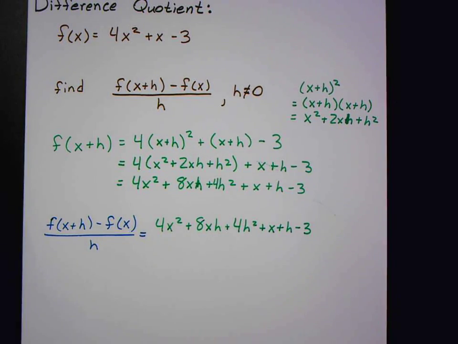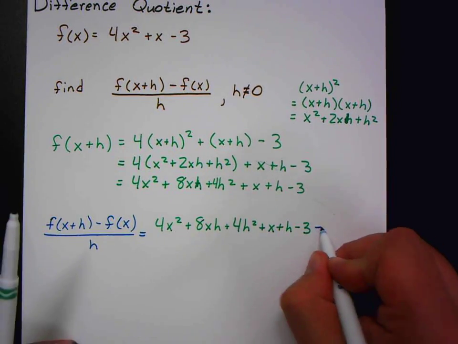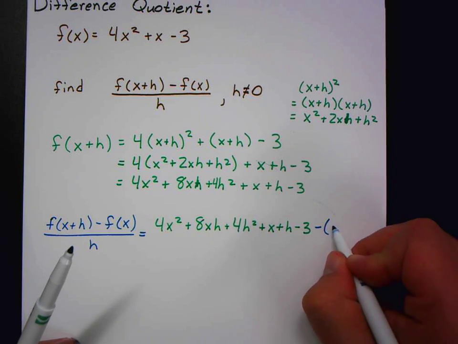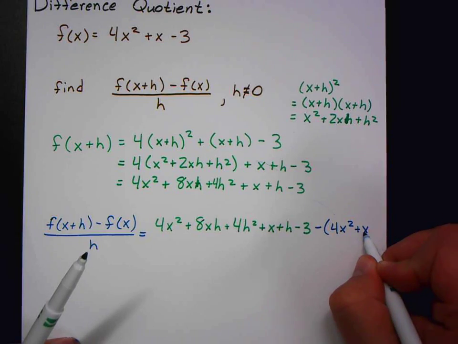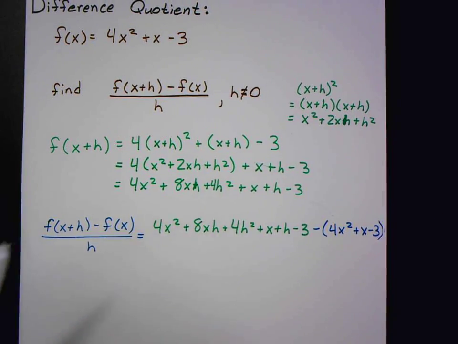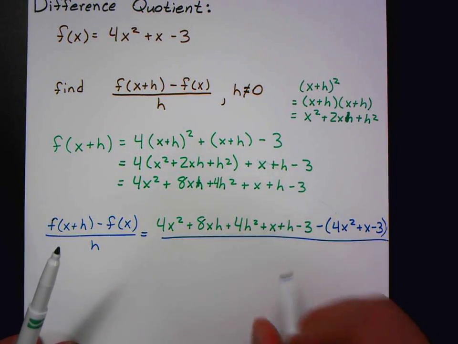Okay, so there's f of x plus h minus f of x, all divided by h.